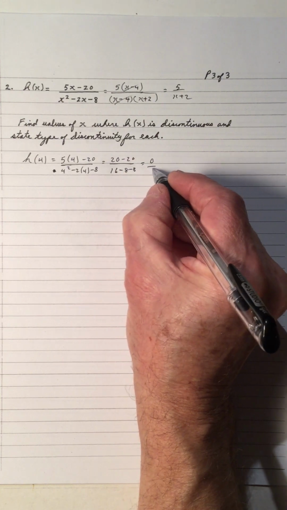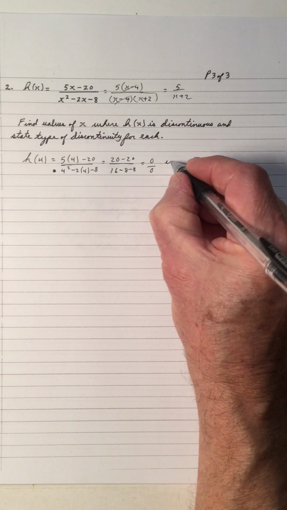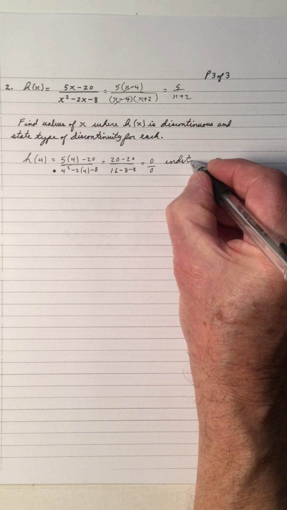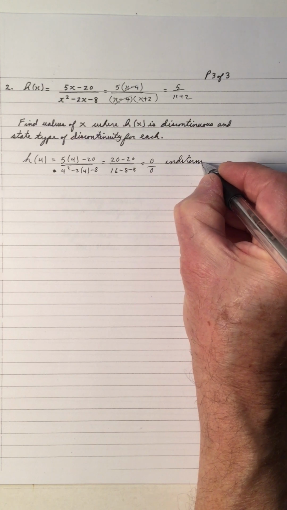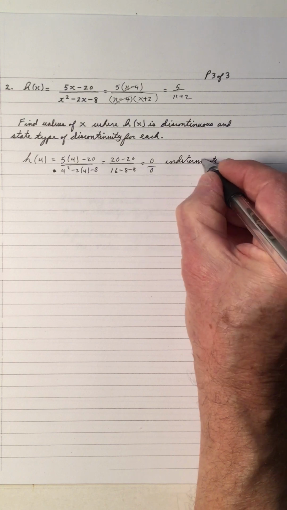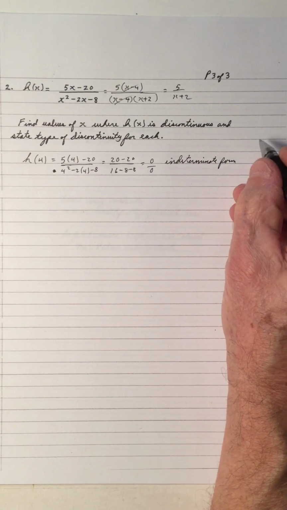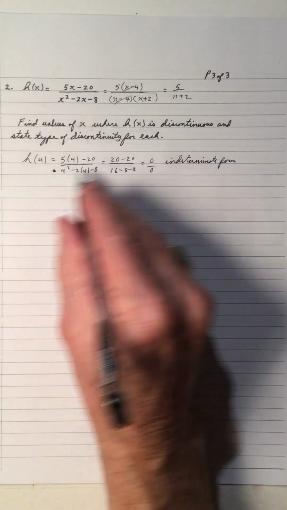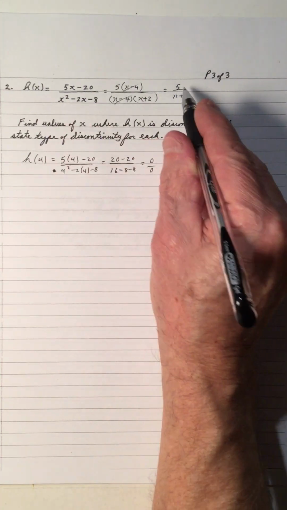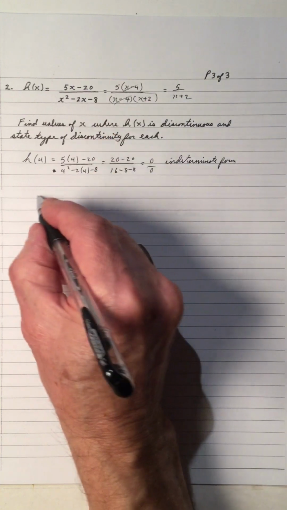So that gives us 0 over 0, and again that's an indeterminate form. So by factoring up here, we remove the x minus 4.